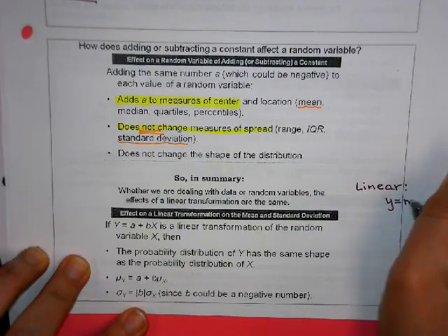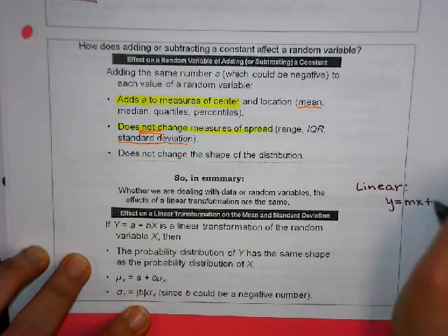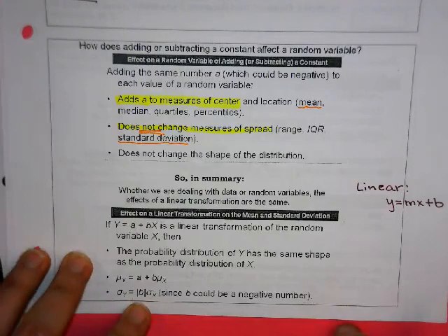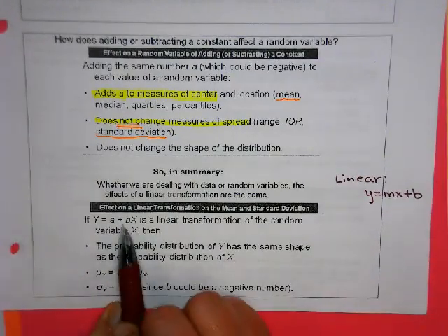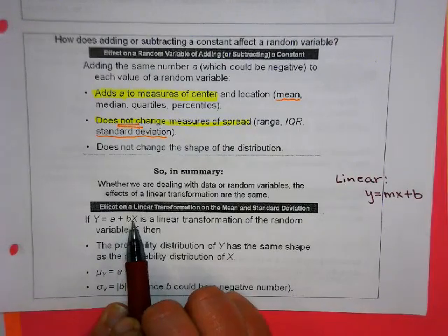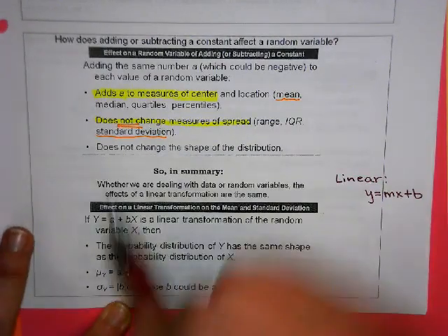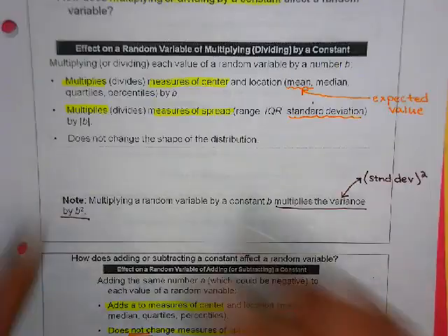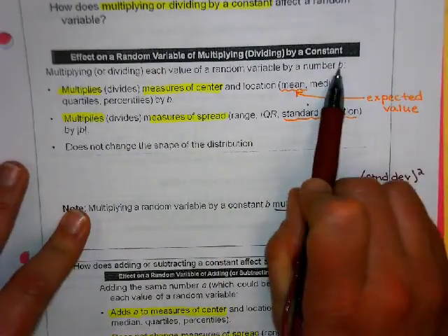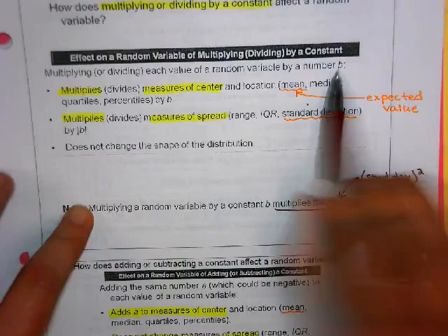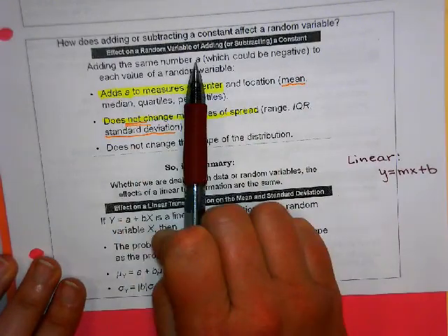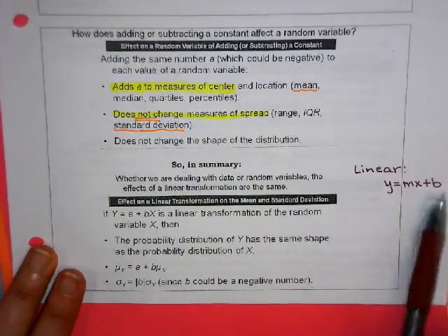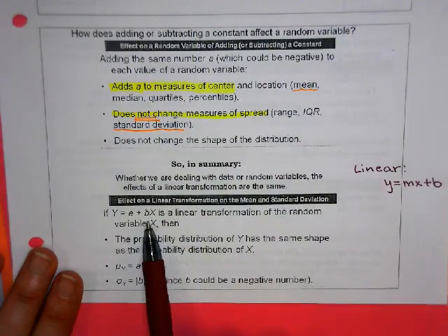So when I say linear transformation, it's the same idea. b is being multiplied by x, because if you look back up at the top here, that's what they said. We were multiplying by a number b. So we multiplied b by x. And then we were adding an a. So instead of y equals mx plus b, we have y equals a plus bx. It's just taking a random variable and making it linear.